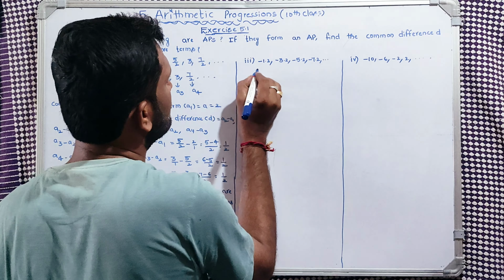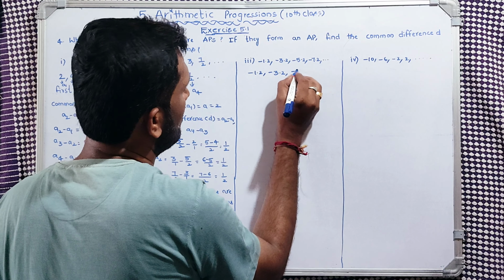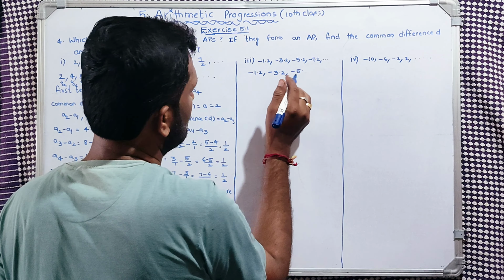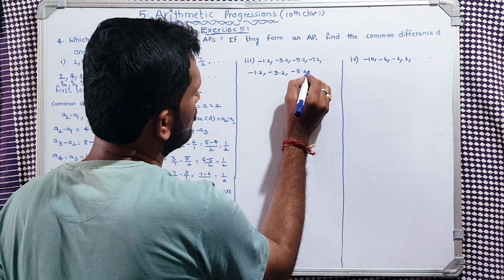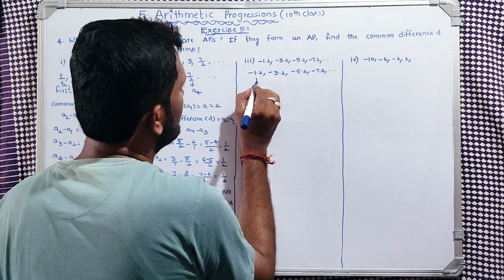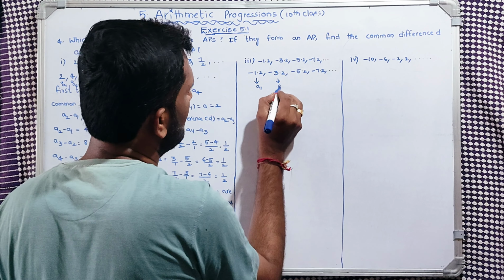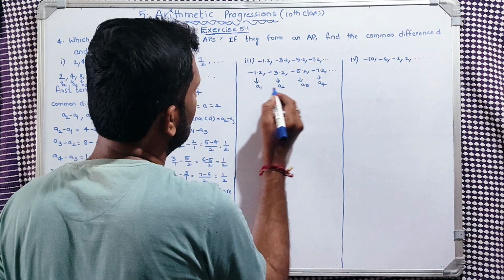Next, third problem. Minus 1.2, minus 3.2, minus 5.2, minus 7.2. This is A1, A2, A3, A4.